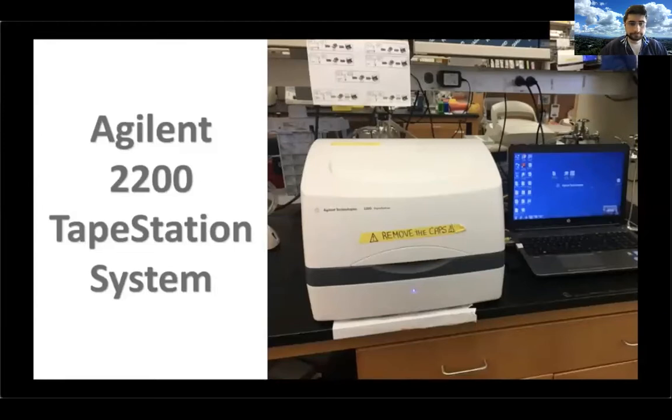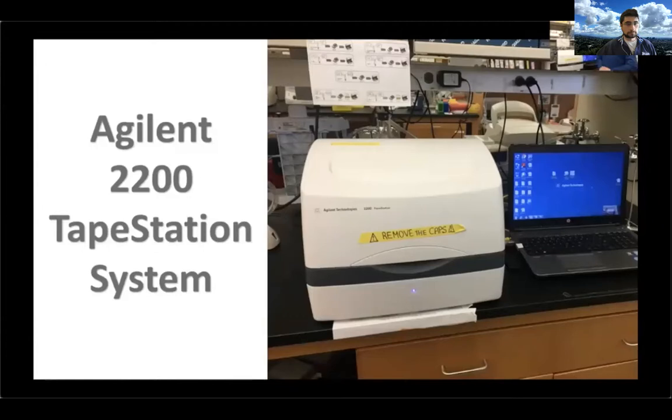And also for some applications, for example, for genomic DNA and total RNA, it will give you a quality score, or how they call it, an integrity score, which gives you information about the integrity of your extracted nucleic acid, okay?